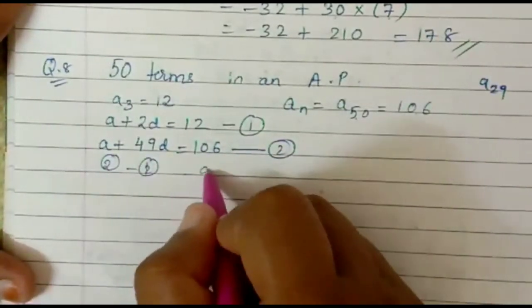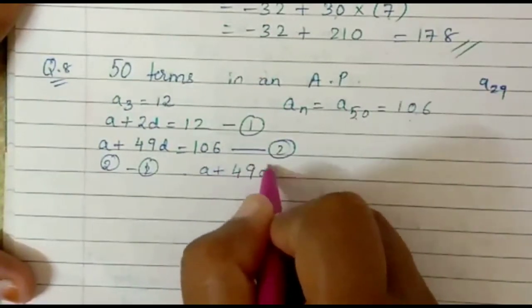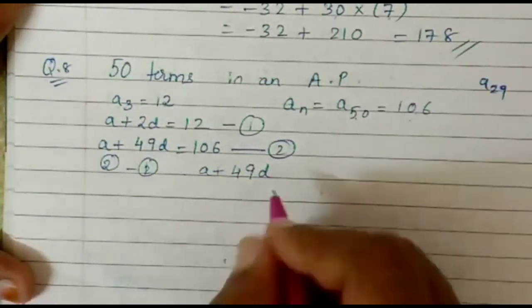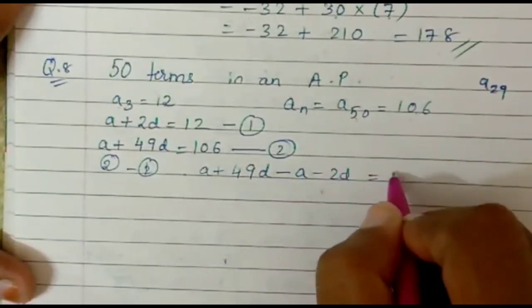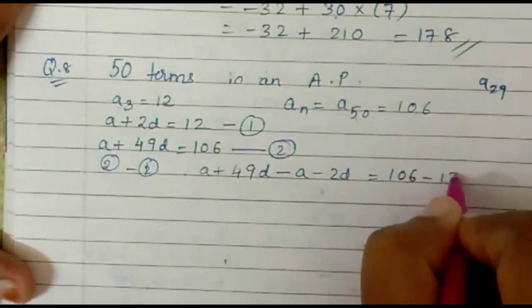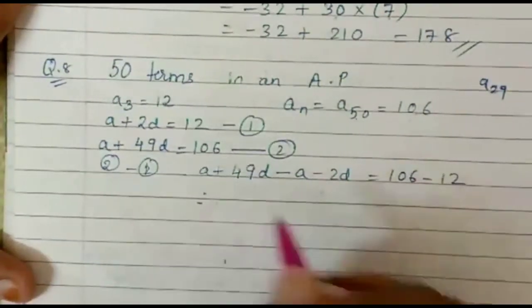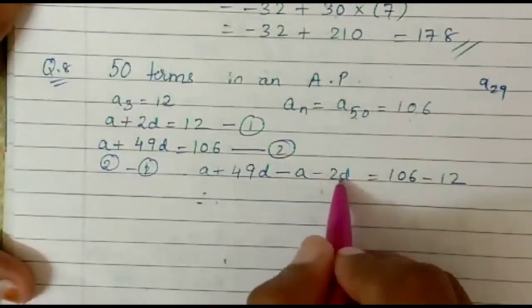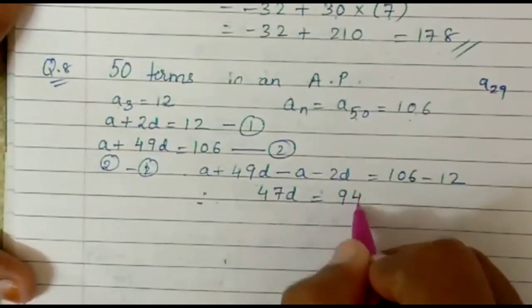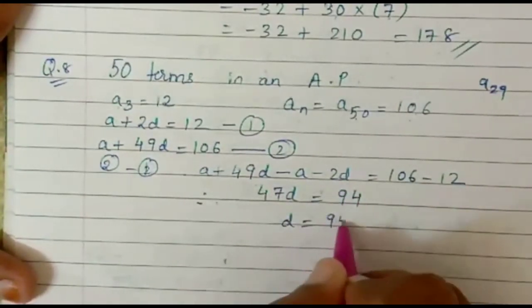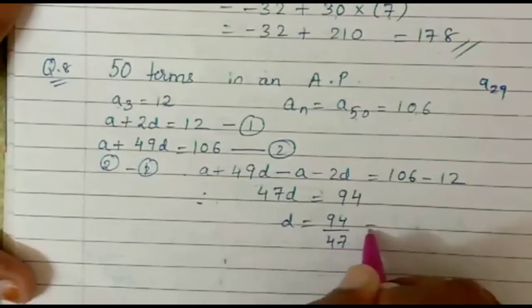So you will be getting, this time I am going to write a little directly, a plus 49d minus a minus 2d is equal to 106 minus 12. So here we will be getting 49 minus 2, that is 47d is equal to 94. And so d is equal to 94 by 47, which is equal to 2.